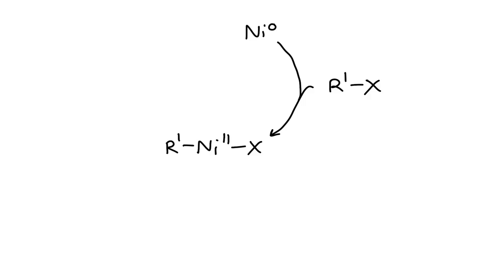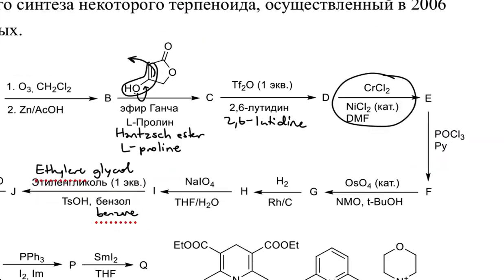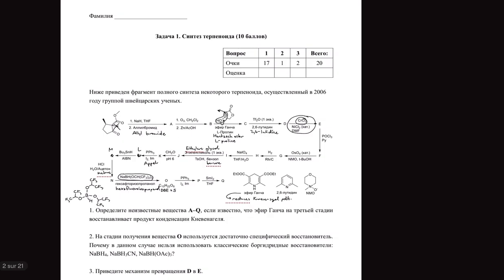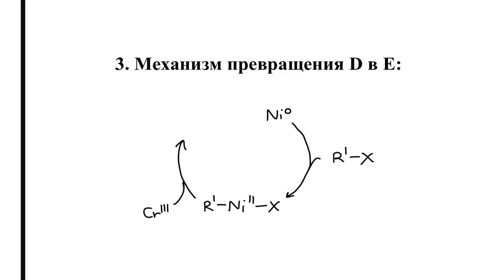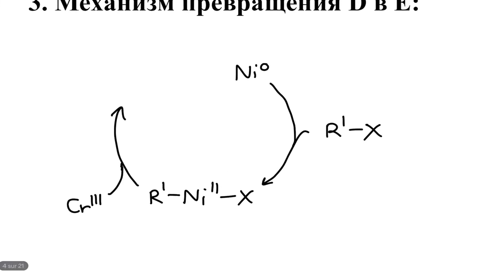Then chromium 3 will come in. And where do we get our chromium 3? Now we initially start off with chromium 2, right? Chromium 3 will come in from this transformation.